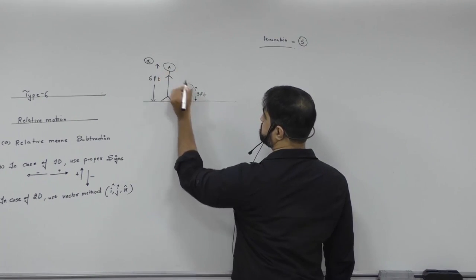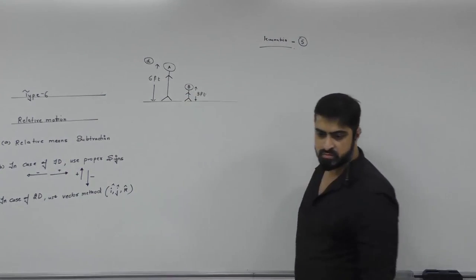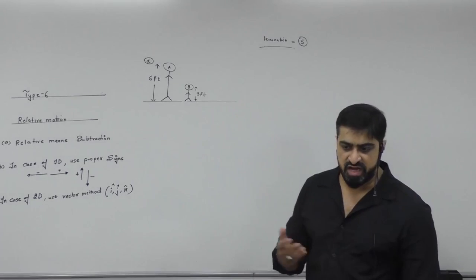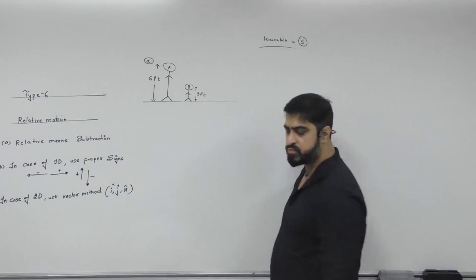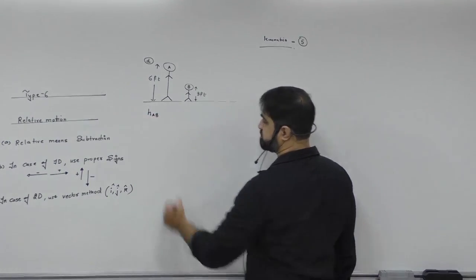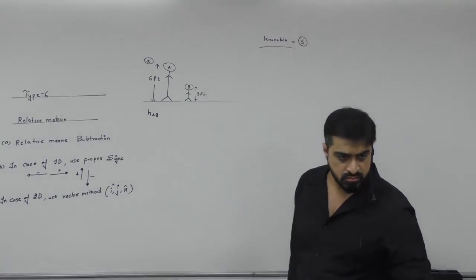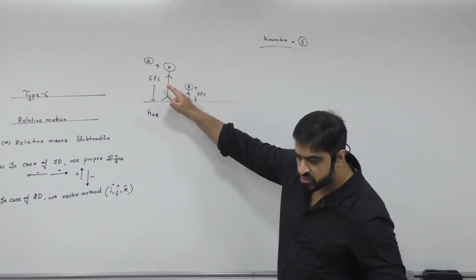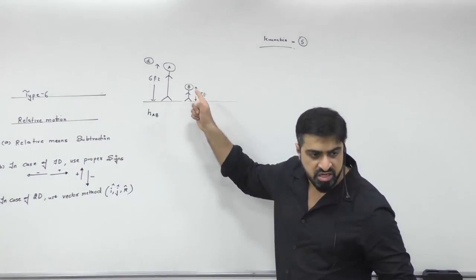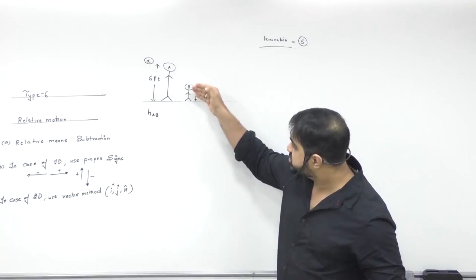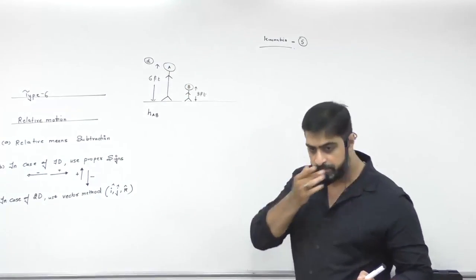A and B. If I ask, what is height of A with respect to B? Height of A with respect to B means I am asking B, according to you, how much A is taller?